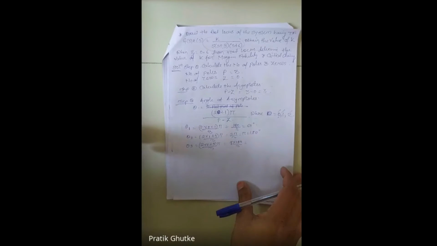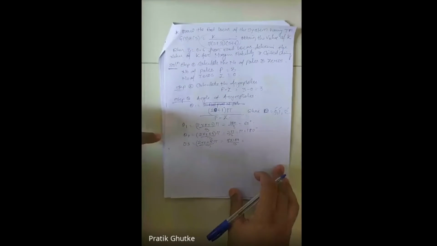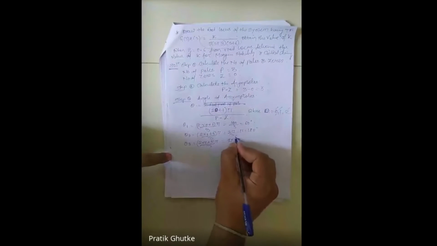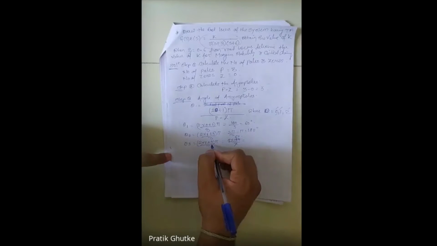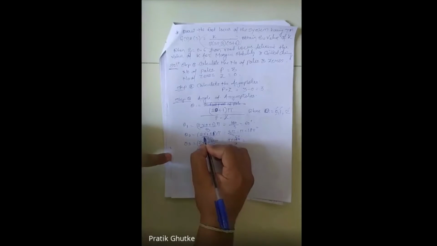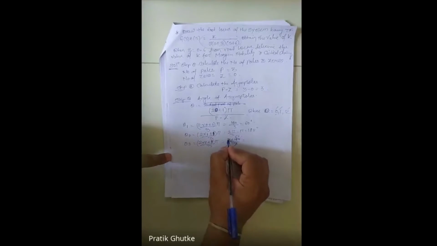Take out your calculator. Sorry, 2 into 2 is 4, plus 1 is 5, so 5 pi by 3.